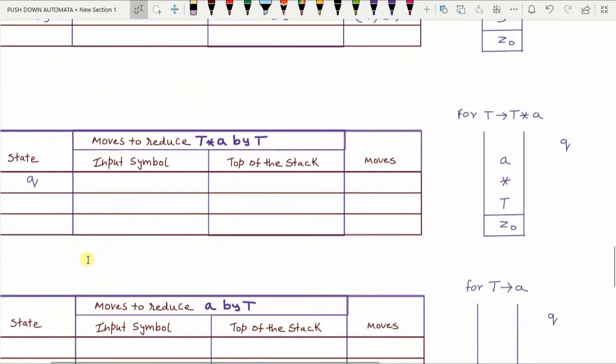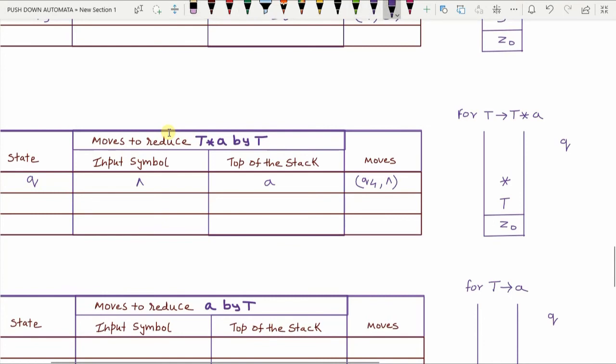So then from state Q over here, when nothing is read as input and the top of the stack is A, I pop this A out, and I will go to say Q4. Q3 is already written, so I go to the Q4 state by popping this A out.